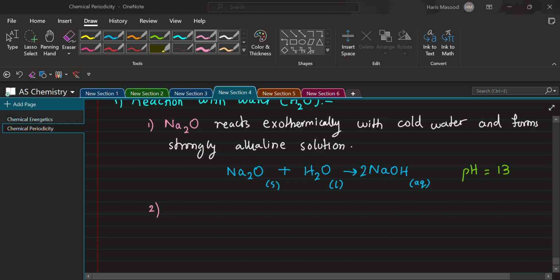Then MgO. MgO reacts very slightly, a very little bit of reaction with water, to the extent that it is almost insoluble, and gives a weakly alkaline solution, because not all MgO will react with the water.